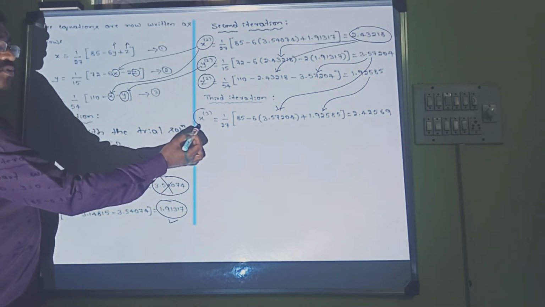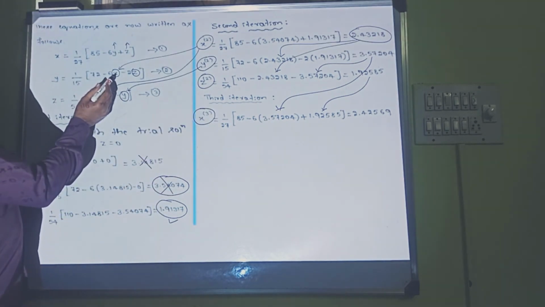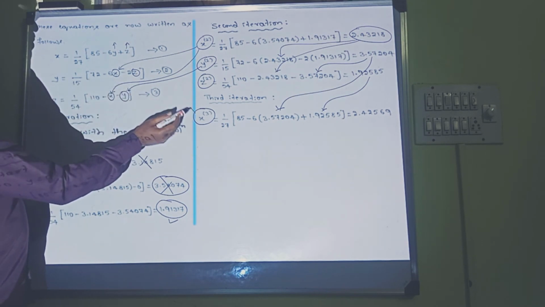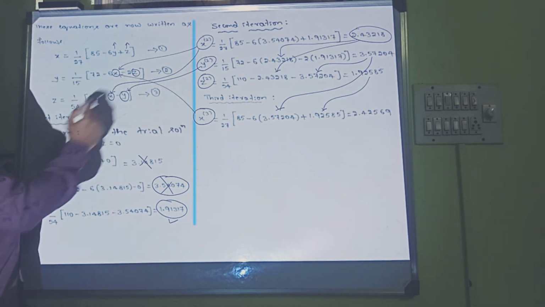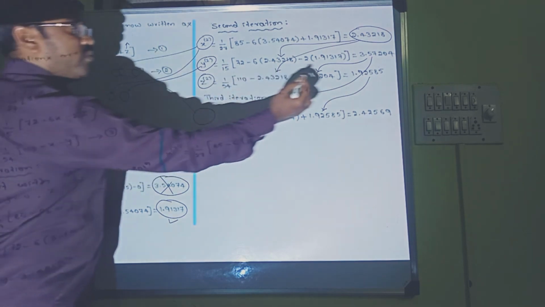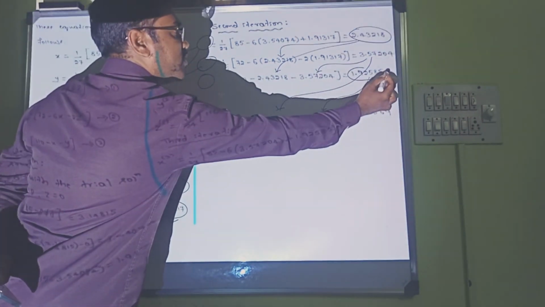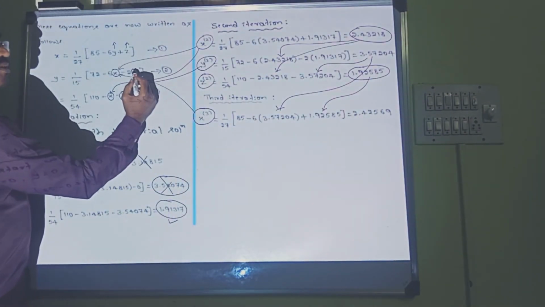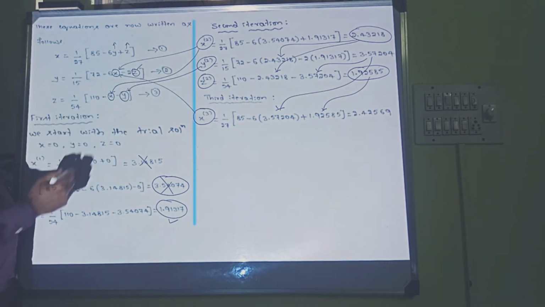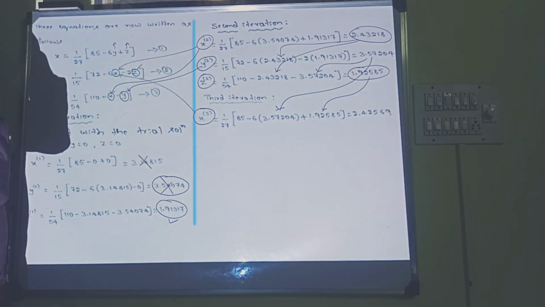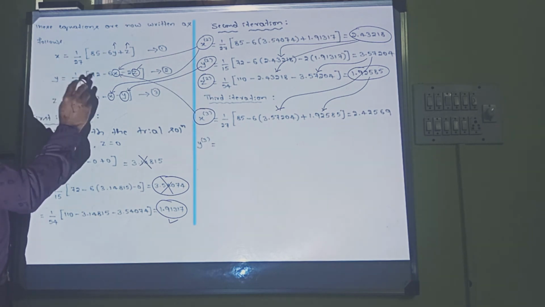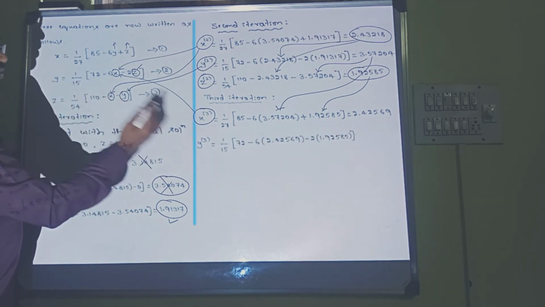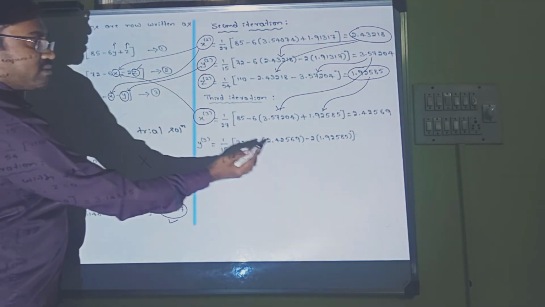Now we will use this value of x in the place of x here, and the value of z will be the old value from the previous iteration. We take this value of z in this place. Let us find y3, 1 by 15 into 72 minus 6 into x.